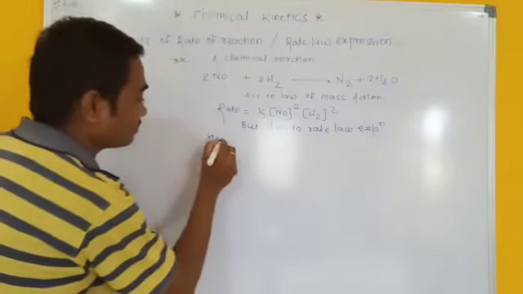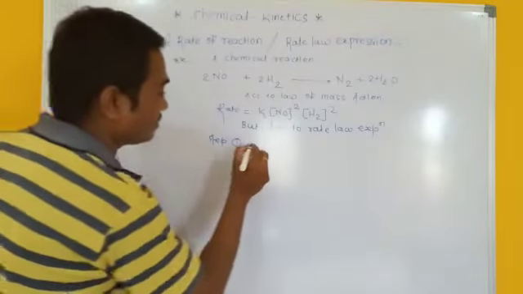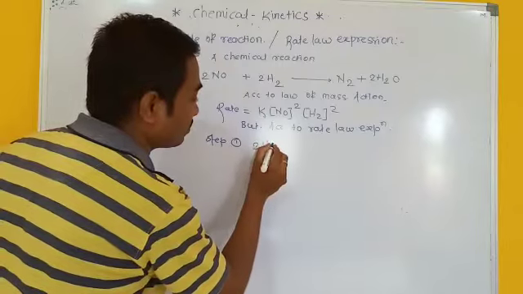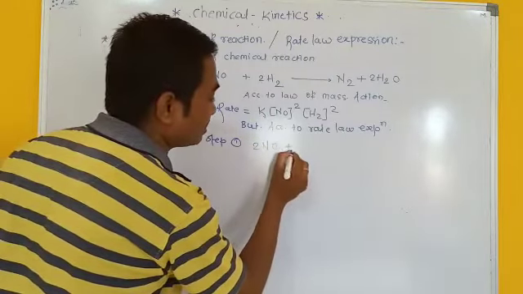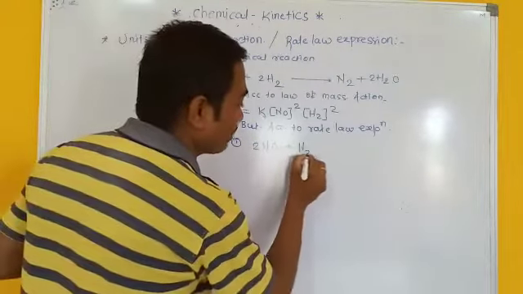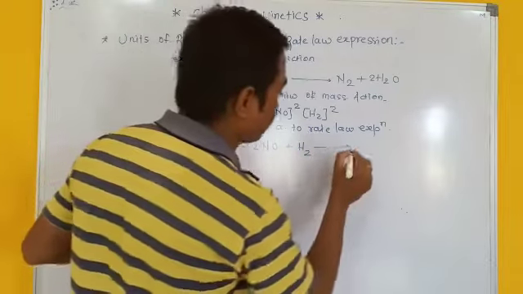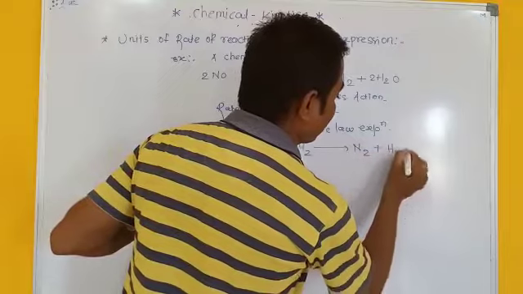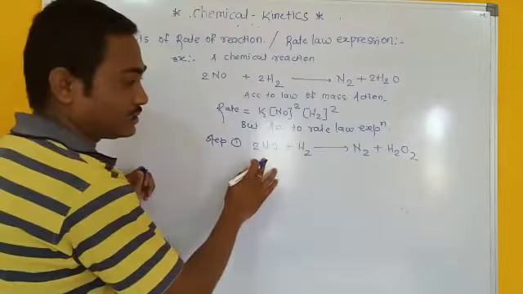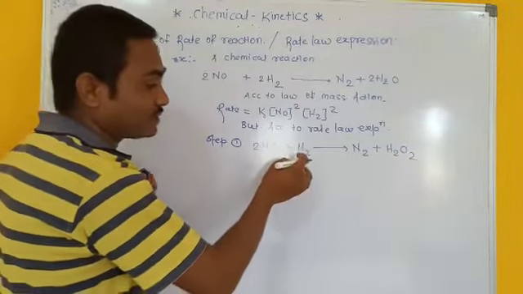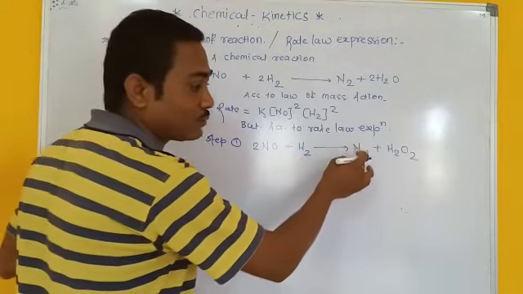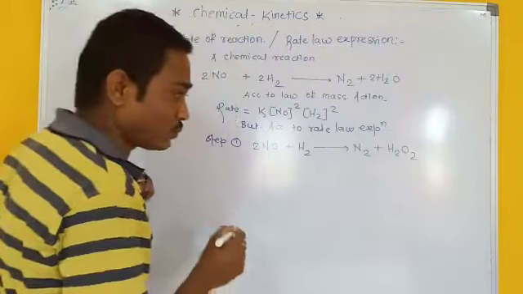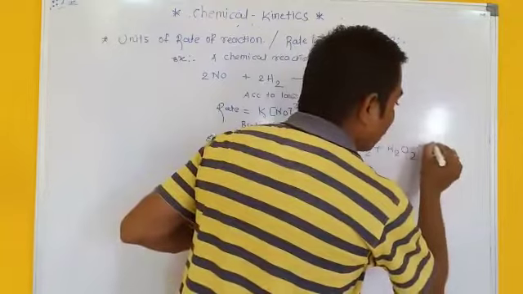Step 1: first step is 2NO plus 1 molecule of H2. It is converted into N2 plus H2O2. 2NO firstly combines with 1 molecule of hydrogen, then it is converted into N2 and H2O2. It is a slow step.